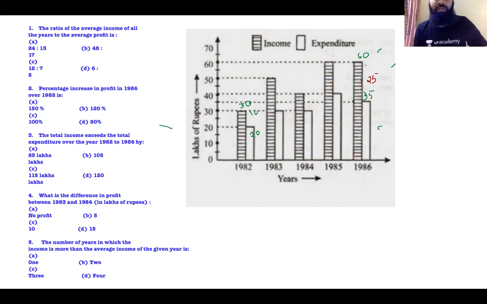Let me write it with the same color. So here it is not 20, it will be 10.